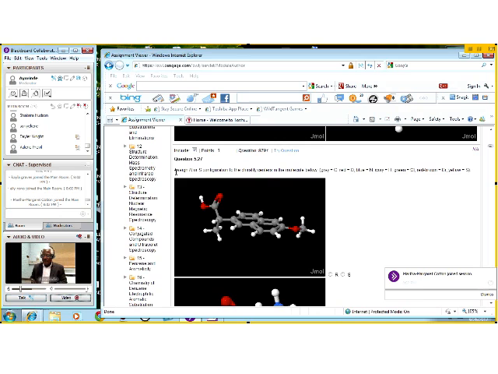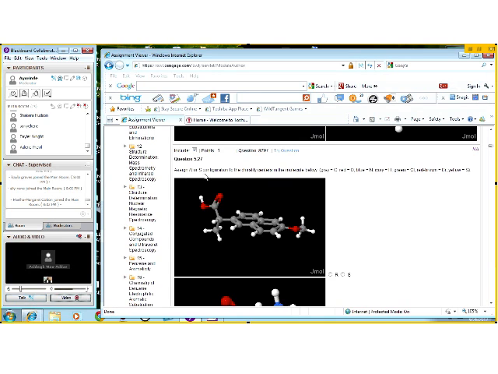Ashley, can you go ahead and read this question for us? It says assign R or S configuration to the chirality centers in the molecule below.